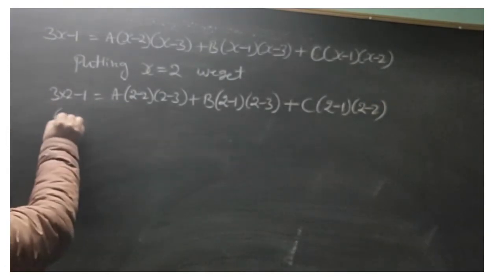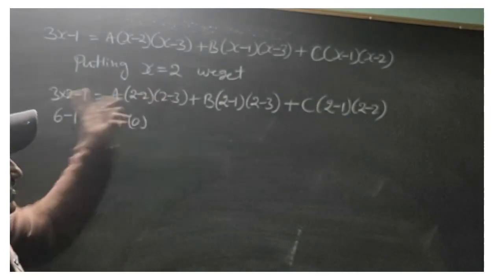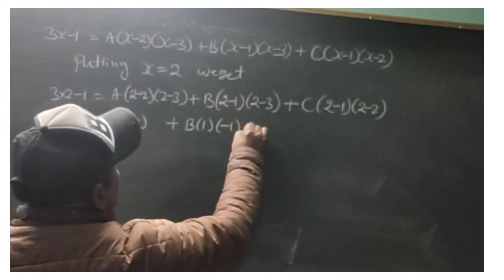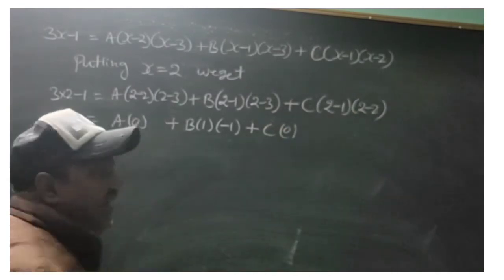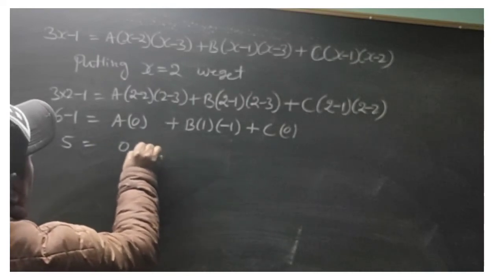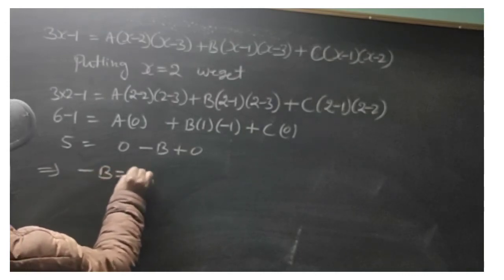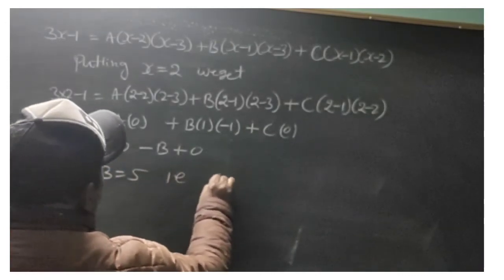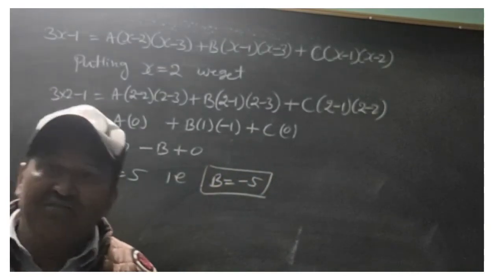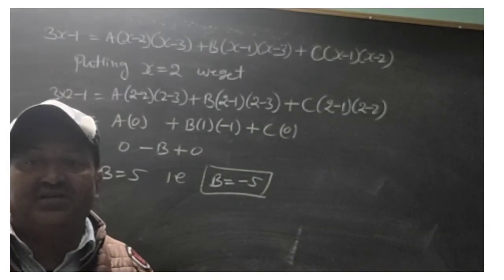We get 6 minus 1 is equal to A into 0 because 2 minus 2 is 0, then it becomes 0, plus B into 1 into minus 1 plus C into 0 because this 2 minus 2 becomes 0. 5 is equal to 0 minus B plus 0. This implies minus B is equal to 5, hence B is equal to minus 5. In this way, we have found the value of the second constant B for these partial fractions.